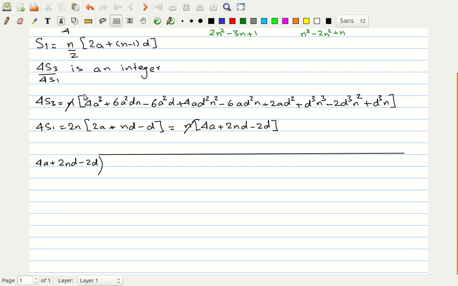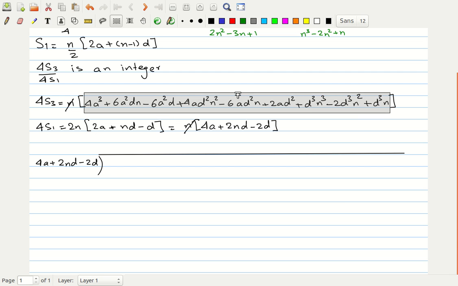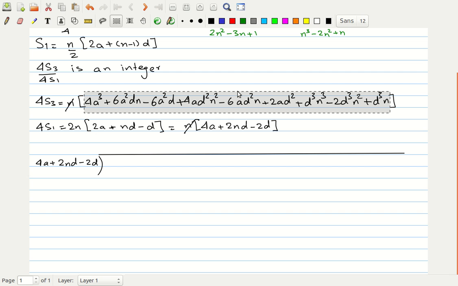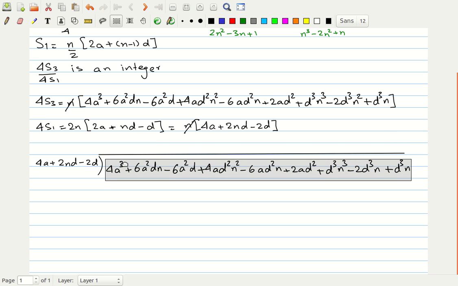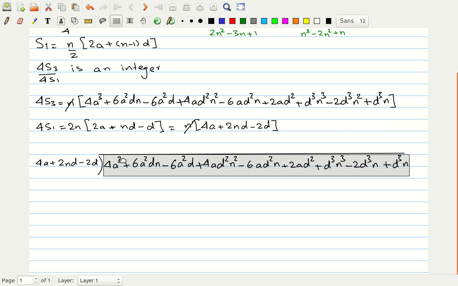I can copy this expression and paste it here. Yes, so we have both the dividend and the divisor.